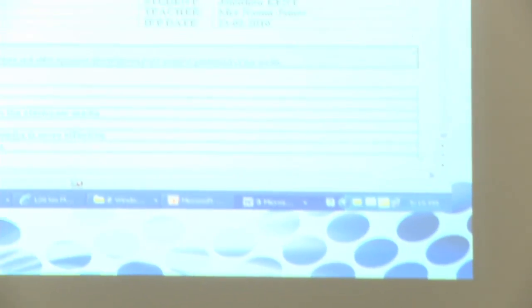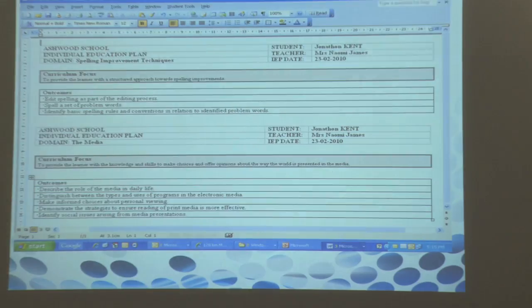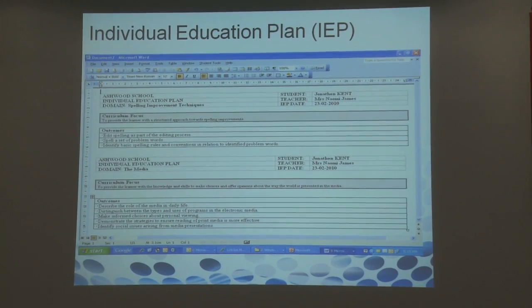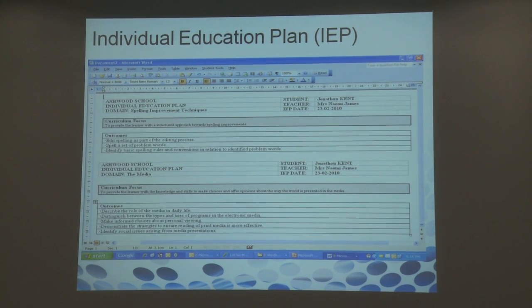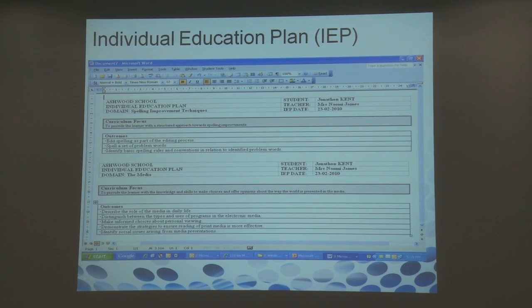This is just an example of an IEP, or an individual education plan. For this to happen, at the beginning of the year, the students, their families, anybody else who is involved in that student or young person's education is invited to this IEP meeting. We also call it an SSG, a Student Support Group meeting, where they set their goals.